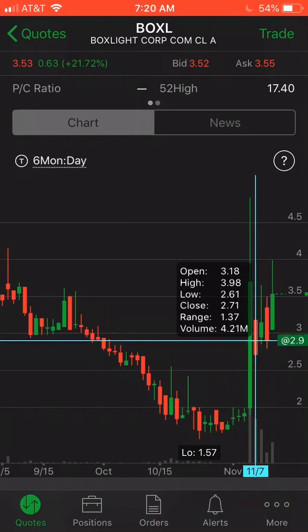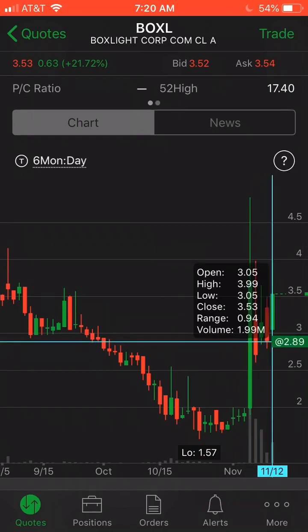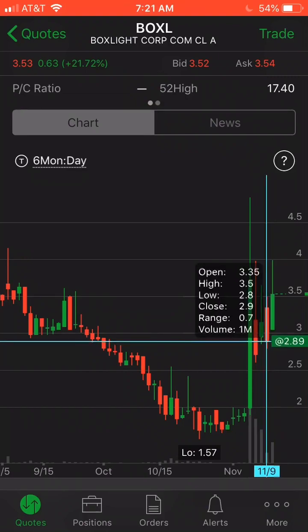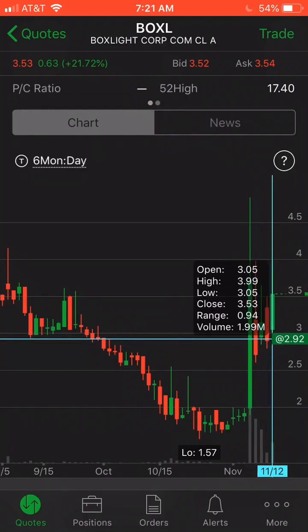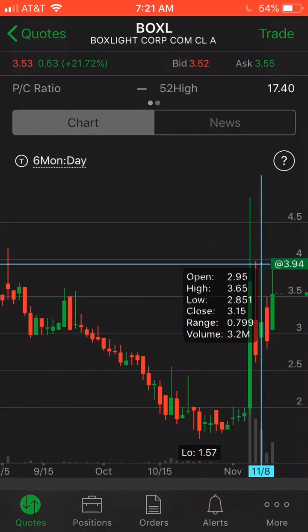So it did double top. But I'll see if it could go over $4.